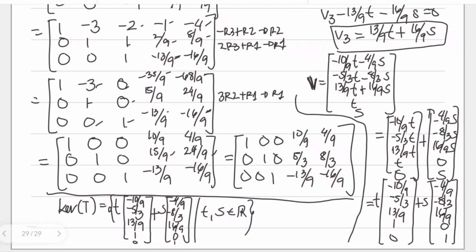This is our kernel. It's a little bit complicated because we have a lot of steps here, but simply follow this one and review this video from time to time, and you will get it right.